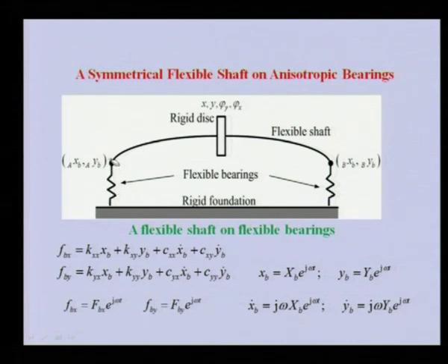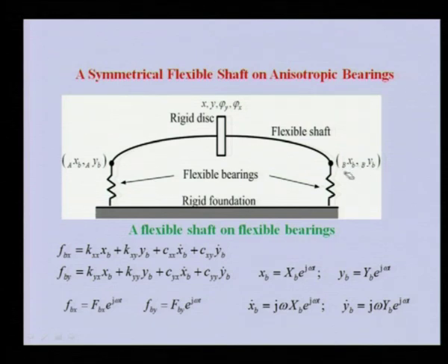Correspondingly, at the shaft end we need to define the displacement, because the fluid film forces of the bearing will depend upon the relative displacement between the shaft end and the housing. On the left end of the shaft we represent the displacement as x b and y b, where the subscript b represents the left bearing. Similarly, on the other side we have the right bearing.